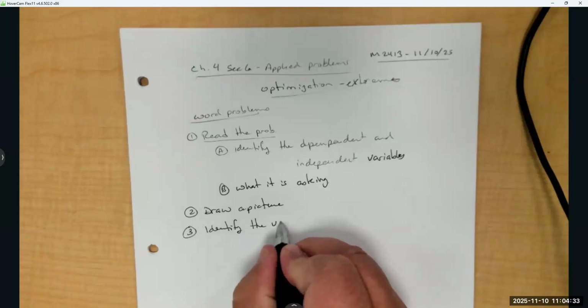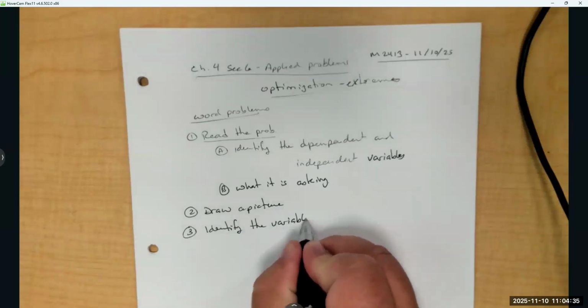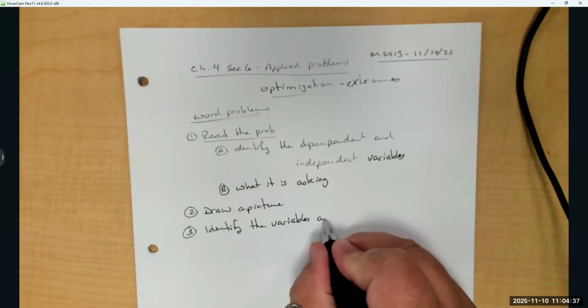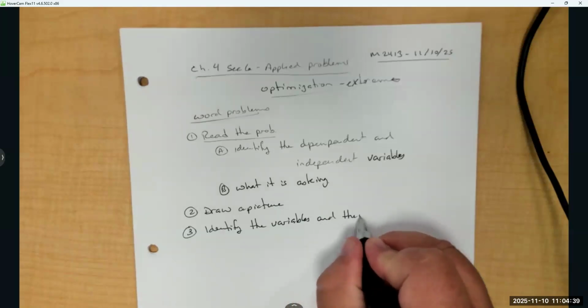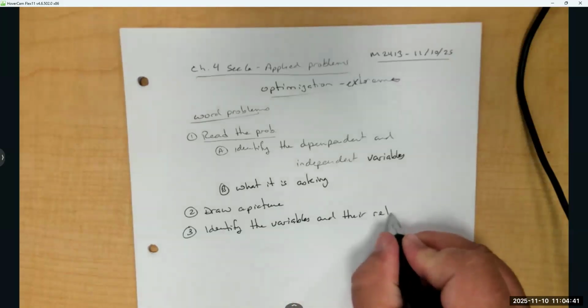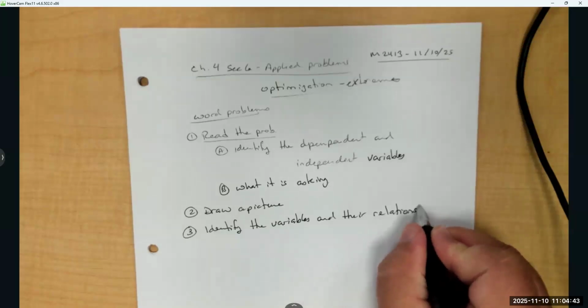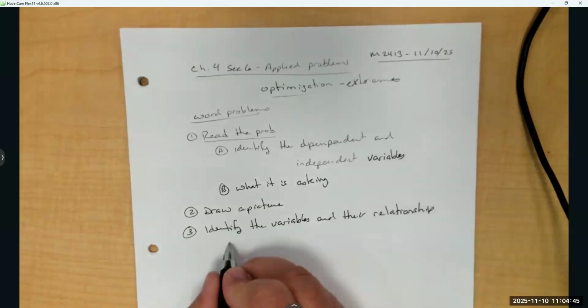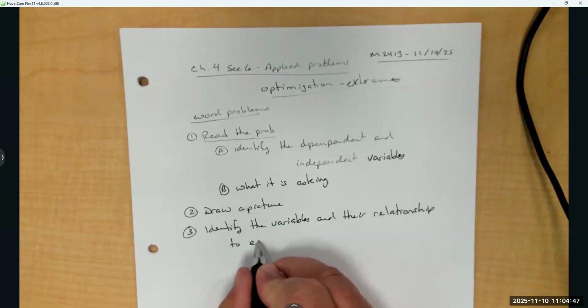Identify the variables and their relationship to each other.